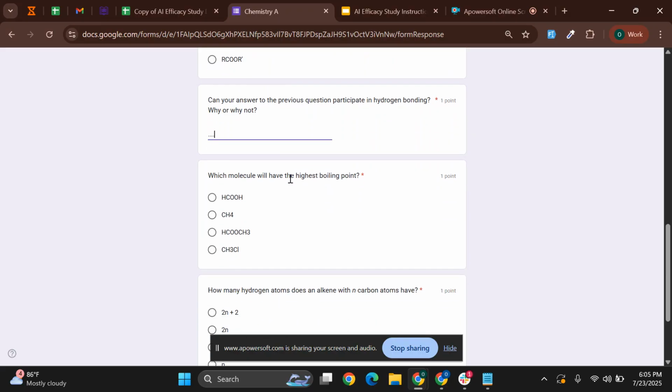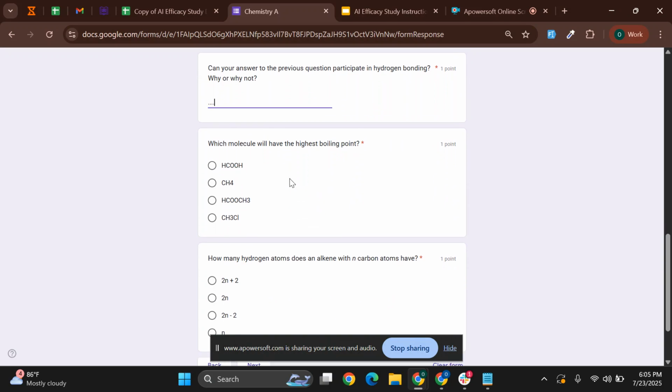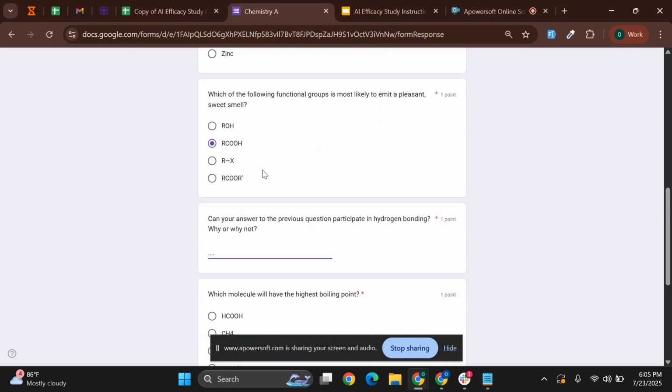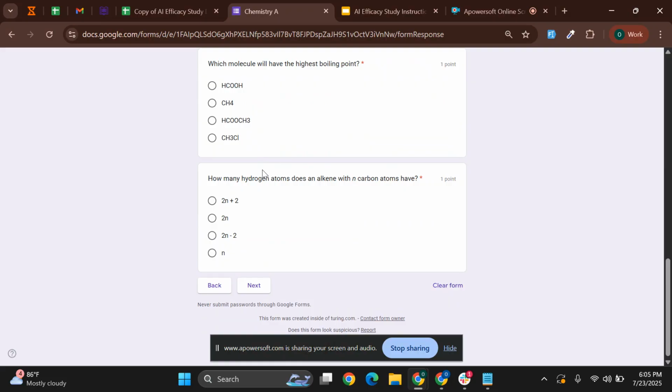I don't know about it. I have to research these things first. Which molecule will have the highest boiling point? I think hydrogen. I think number three, because it has two carbon and four hydrogen with two oxygen.